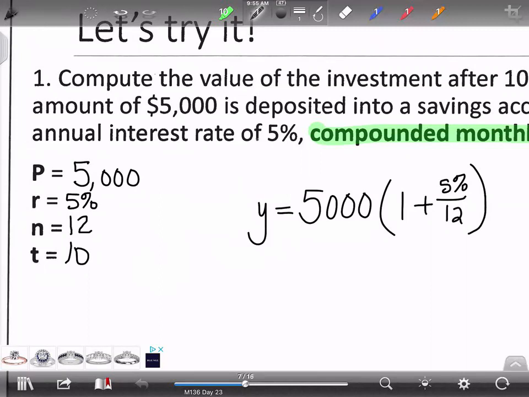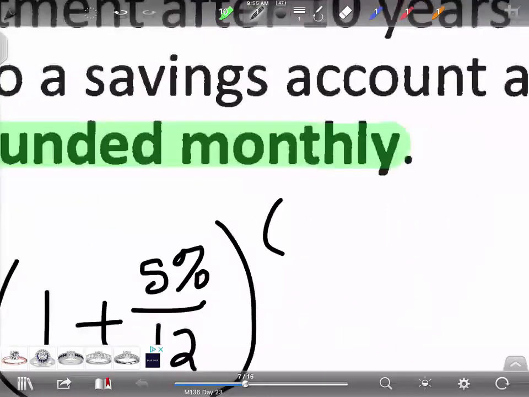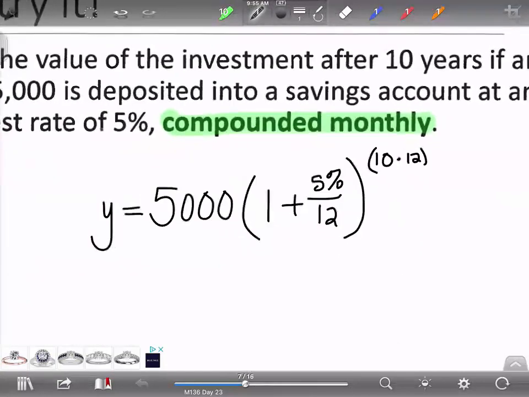I would just go ahead and multiply N times T for my exponent. I would write 120 up there. But if you choose not to, you must put it in parentheses, 10 times 12. So 10 years, 12 times per year.